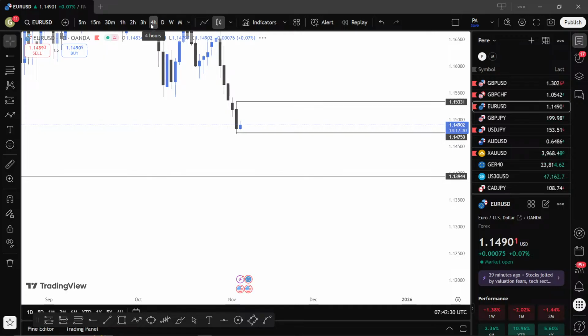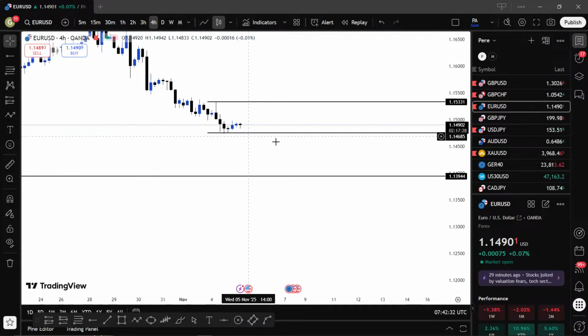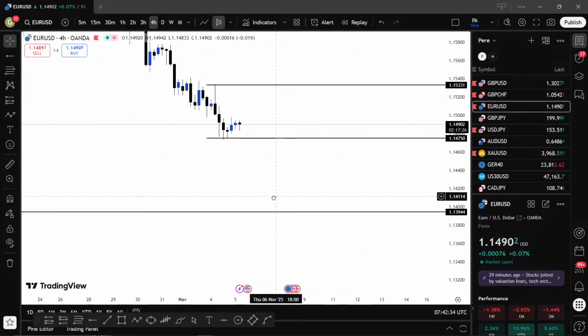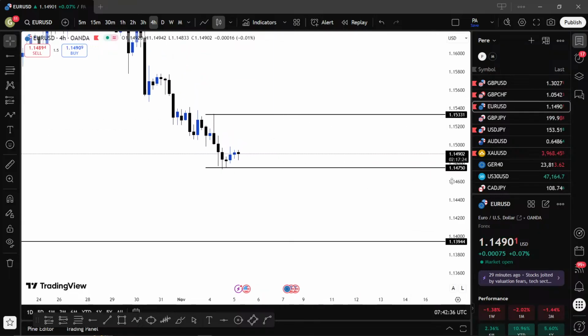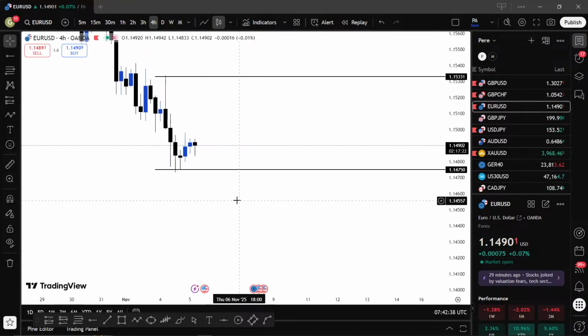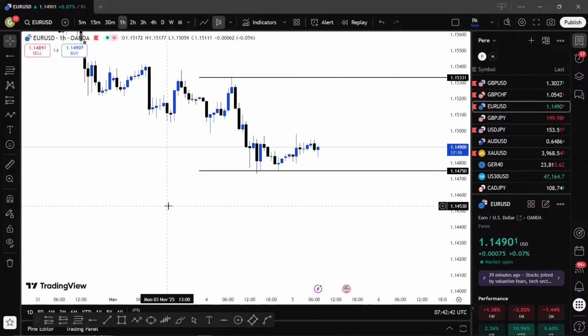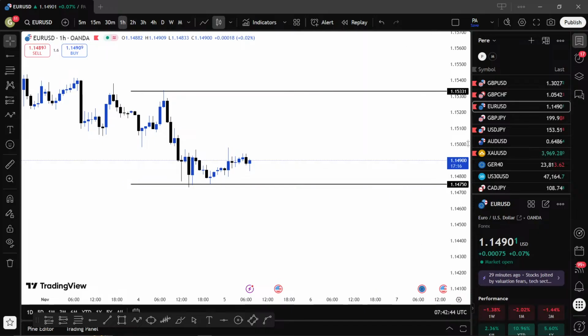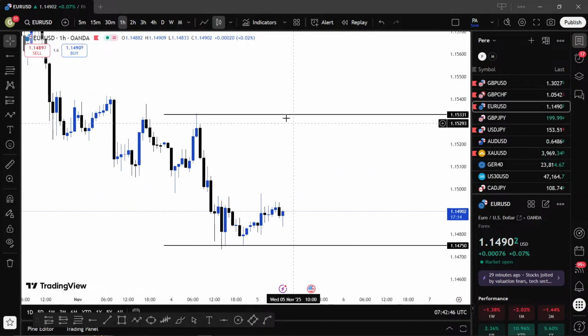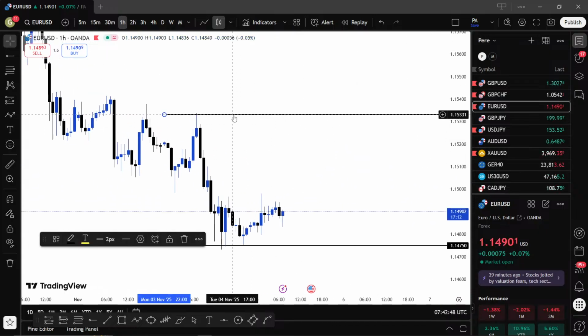And come over to the 4 hour time frame. Nothing much to do here. I'll come down to the 1 hour. So basically the highs and lows actually align with the 1 hour key levels.